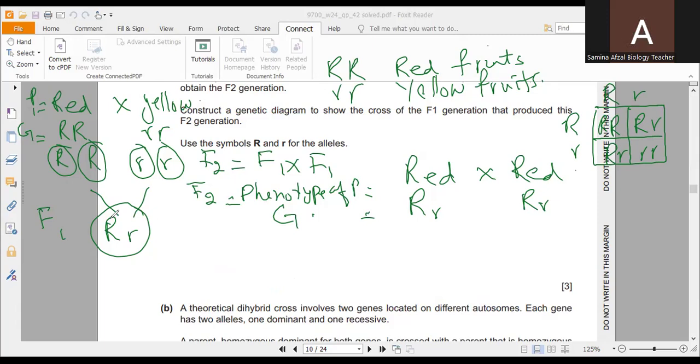So in this way, we can see over here the gametes. Now we will make the gametes, capital R, capital R, small r. So after the Punnett square, you can see the phenotype.